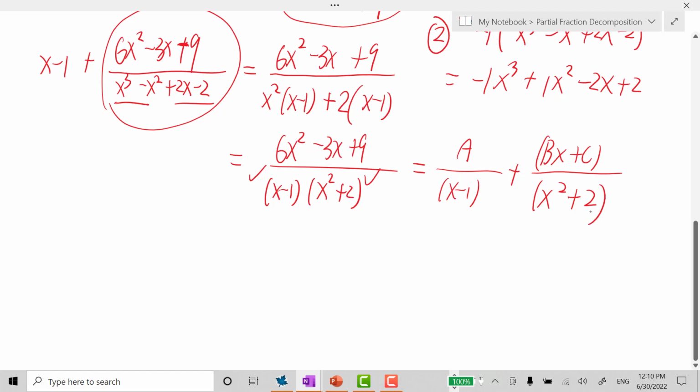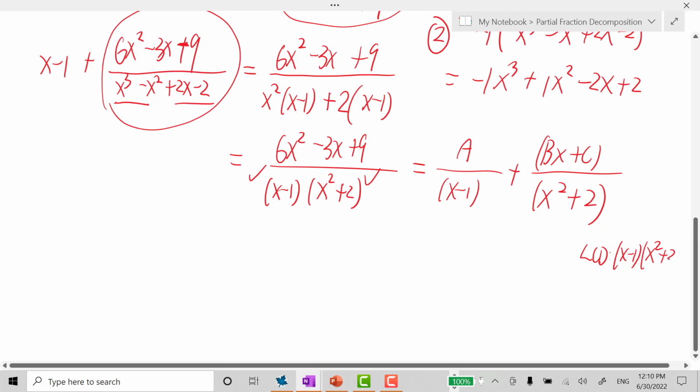Now again, we're using the LCD. So the LCD here is x minus 1 times x squared plus 2. So copy that: 6x squared minus 3x plus 9 over x minus 1 times x squared plus 2.